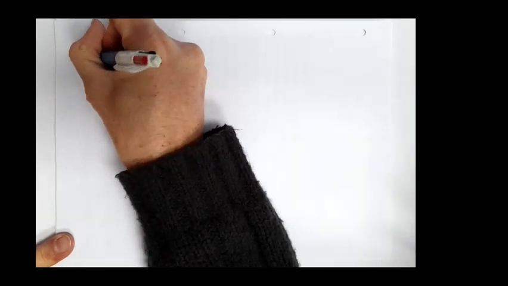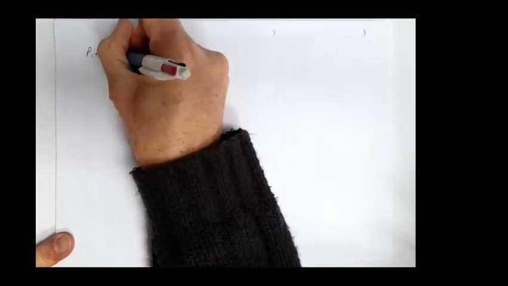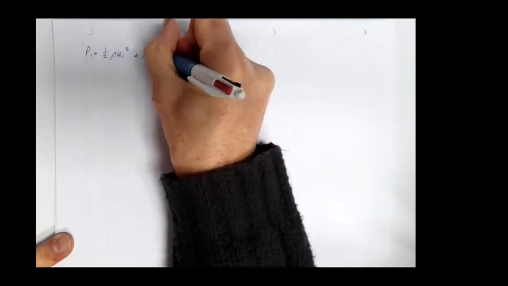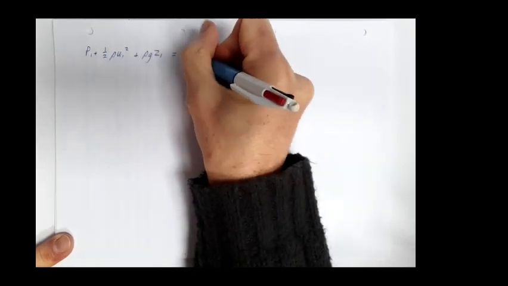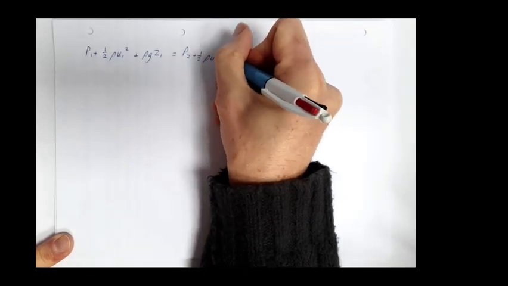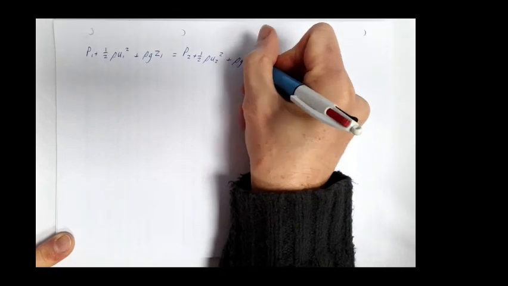However, we can actually use Bernoulli's equation to quantify the magnitude of those energy losses. If we're interested in, let's say, friction losses through fluid flowing through a pipe, we can say the difference in energy must be due to those energy losses. So we just said P1 plus a half rho u1 squared plus rho gz1 was equal to P2 plus a half rho u2 squared plus rho gz2.